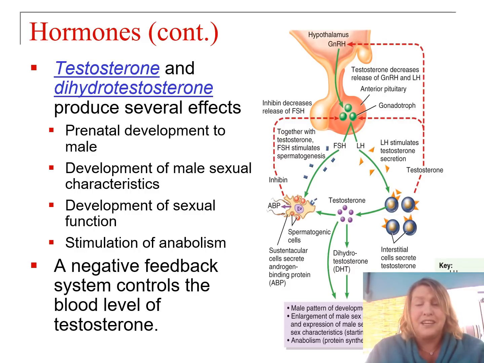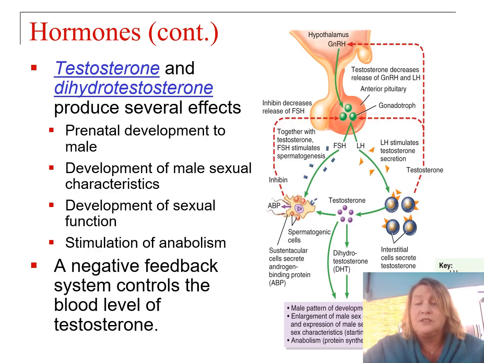it gets a little complicated. It's the control mechanism for testosterone. I find it easiest if we start looking at it with the cells that are in the testis themselves.